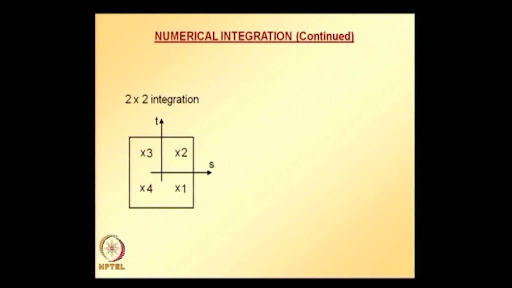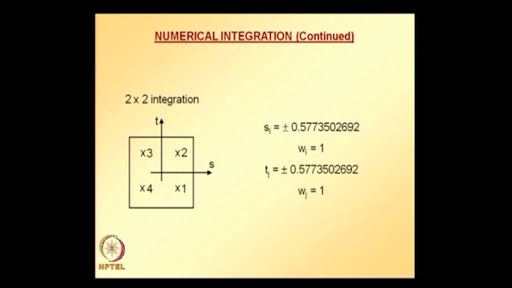Next, 2 by 2 integration. There are 2 integration points in the s direction and 2 integration points in the t direction. The coordinates of integration points in the s direction can be obtained from the table that we just looked at, taking the number of significant digits as the accuracy that one is looking for.